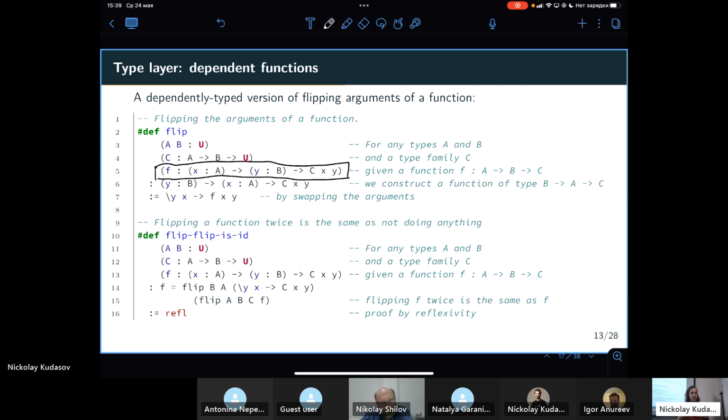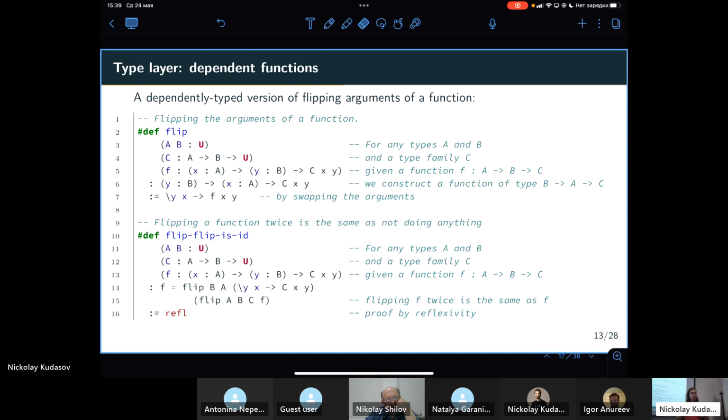So this is a function that takes two arguments of two potentially different types. They could be the same, but in general they're not, and returns some result that may depend on those values, the type of which may depend on those values. And what it says then is that we can take this function and we can produce a function that takes the arguments in a different order, y first and x next.